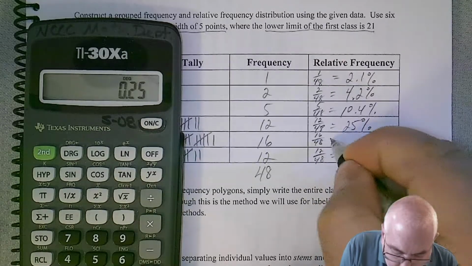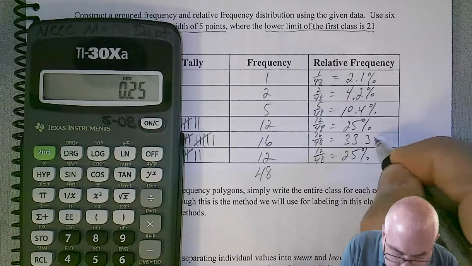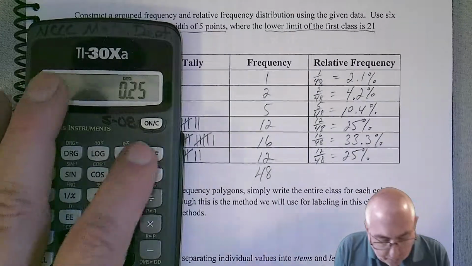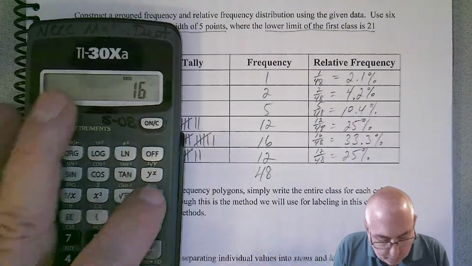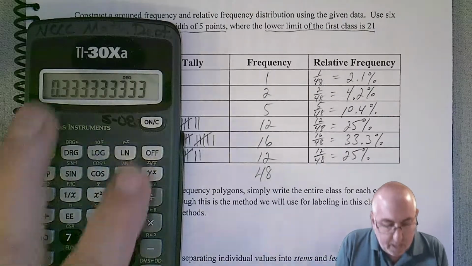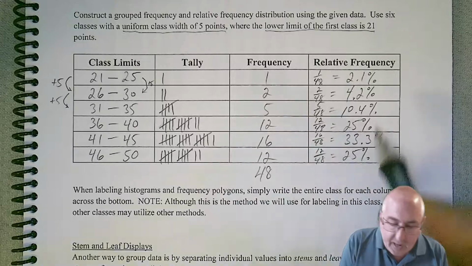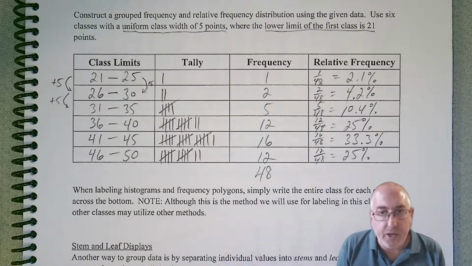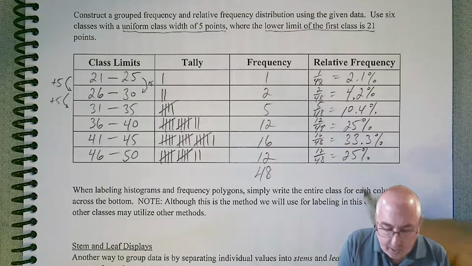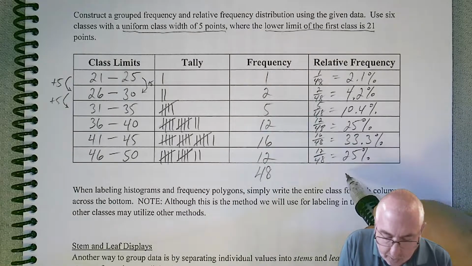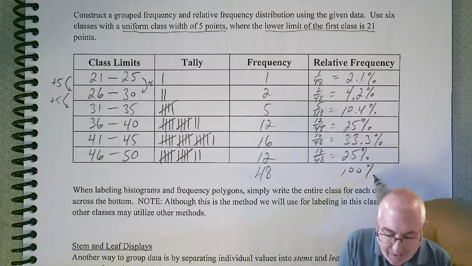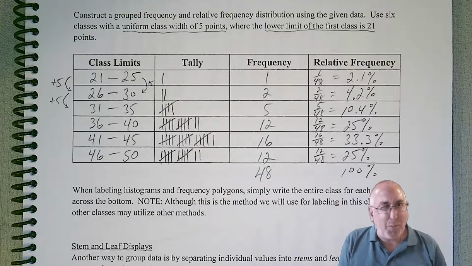And 16 out of 48. I'm going to take a wild guess and say that's 33.3, but just to prove it. Yay, so we're good there. And again, if we add those up, it should be equal to 100%. Without even checking it, we're going to assume it's 100%.